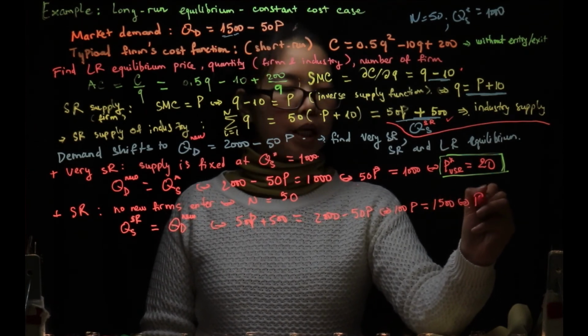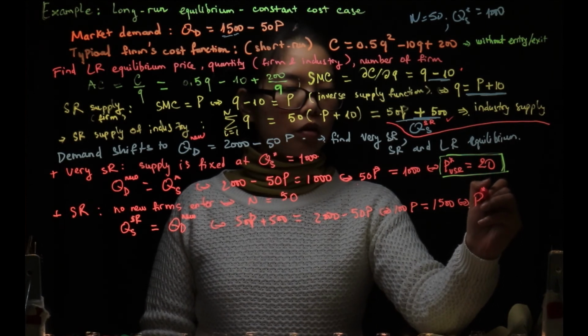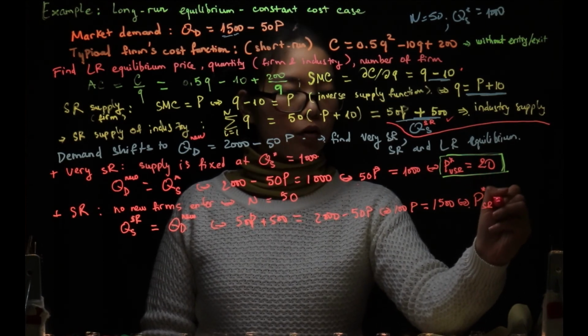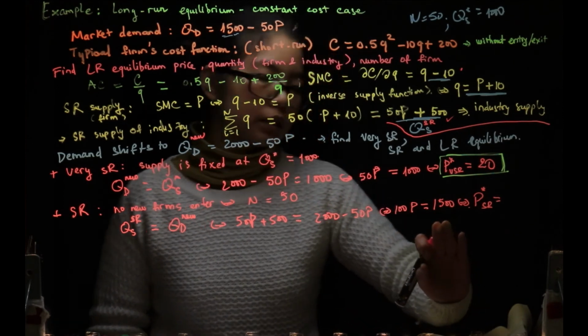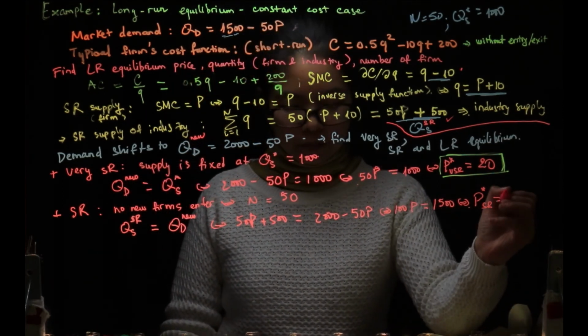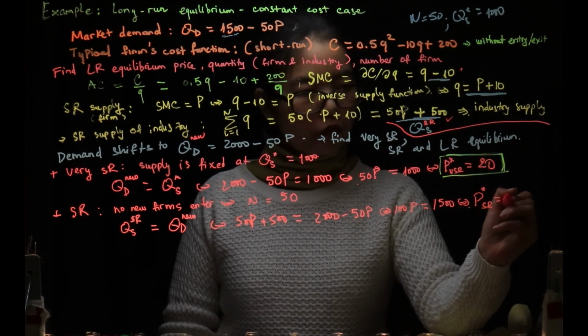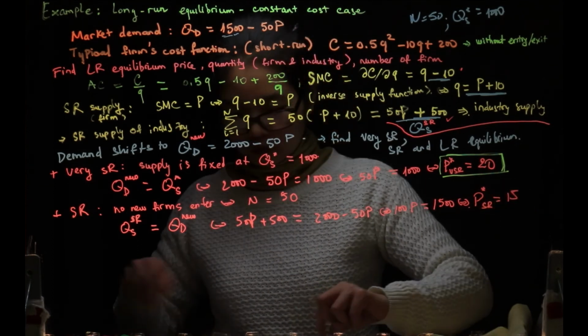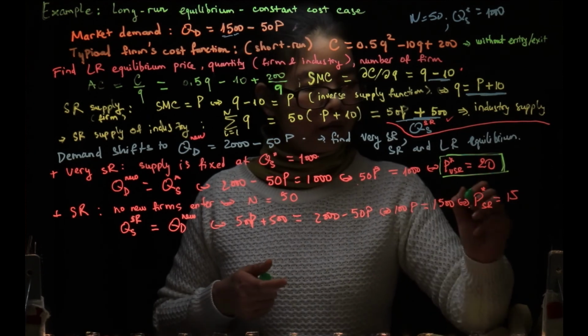And that means p star short run equals 1500 divided by 100, easy, no? 15. That's what we have.